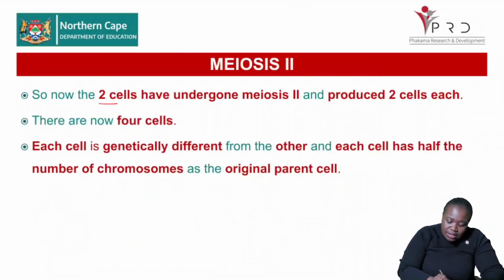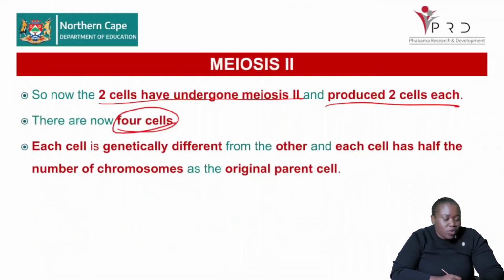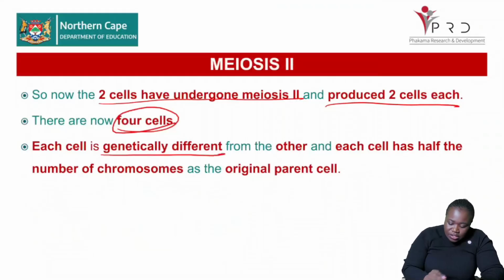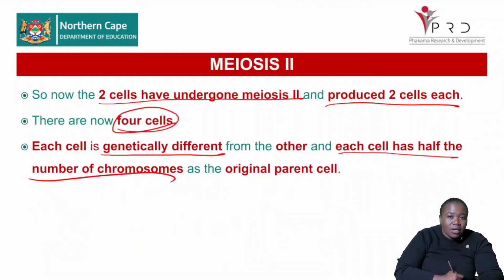So now the 2 cells have undergone meiosis II and have produced 2 cells each, meaning that they are now 4 cells. Each of these cells is genetically different from each other, and they are also different from the original cell. They also contain half the number of chromosomes. We started off with 4, we ended up with 2.